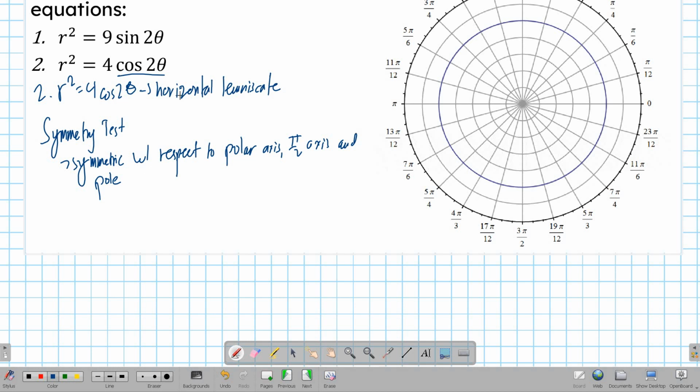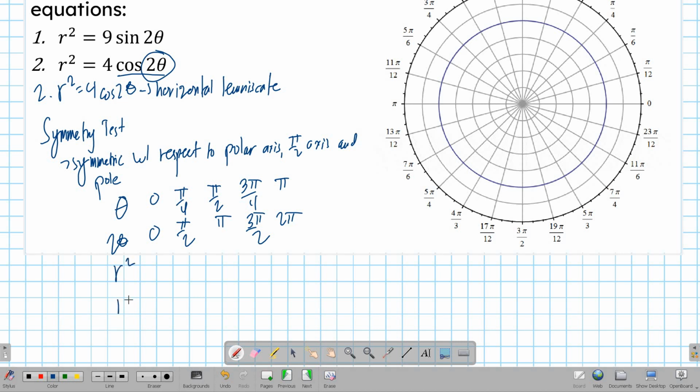So now since it's 2 theta again, based on what we had a while ago, if it's 2 theta, our values of theta would be from 0, pi over 4, pi over 2, 3 pi over 4, and then pi. So the 2 theta becomes 0, pi over 2, pi, 3 pi over 2, 2 pi.